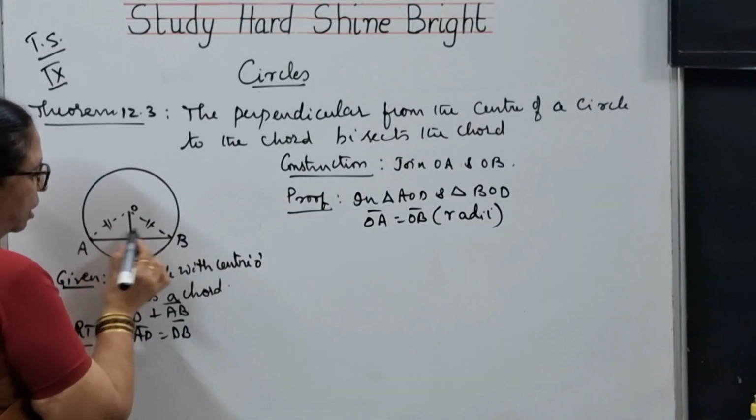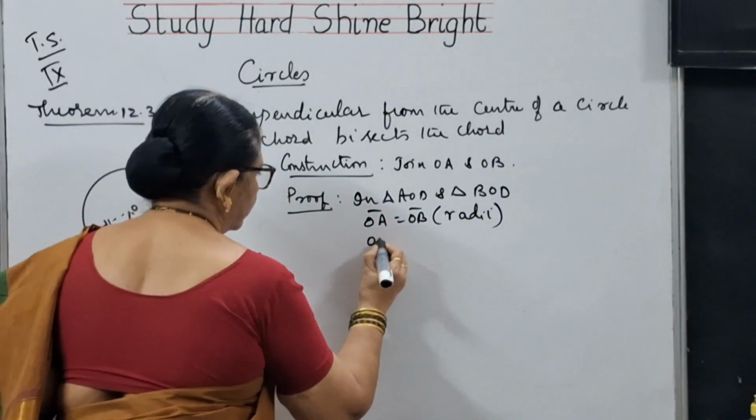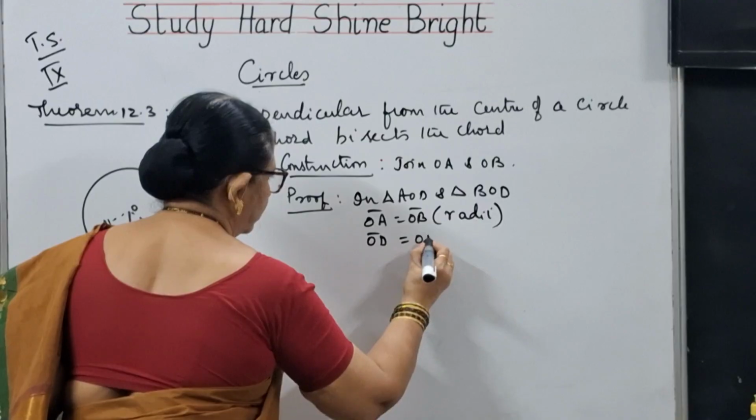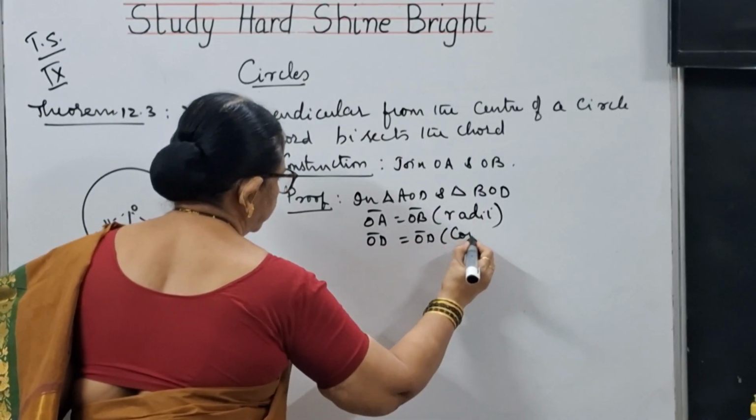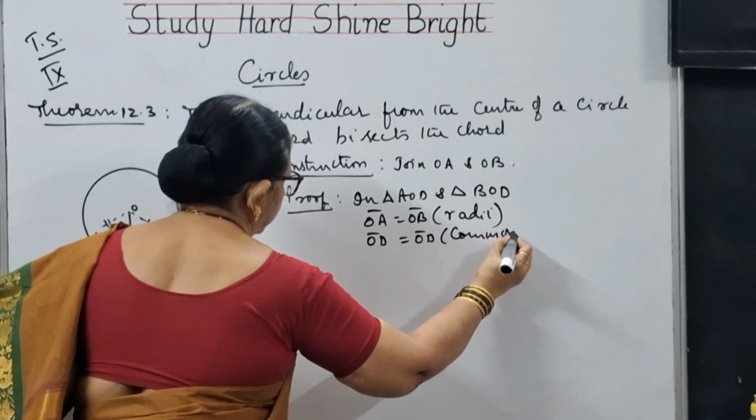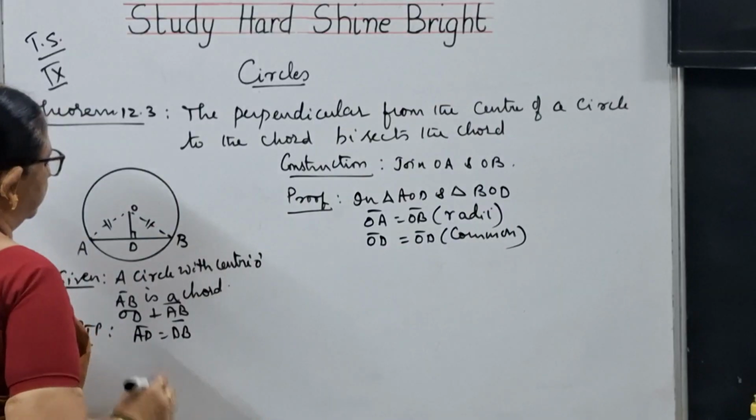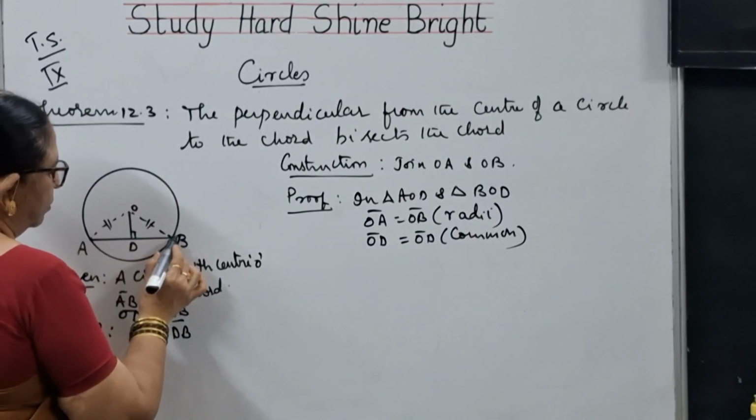And OD is common for these two triangles. So OD is equal to OD. It is common for both. And at the same time, they said OD is perpendicular to AB.